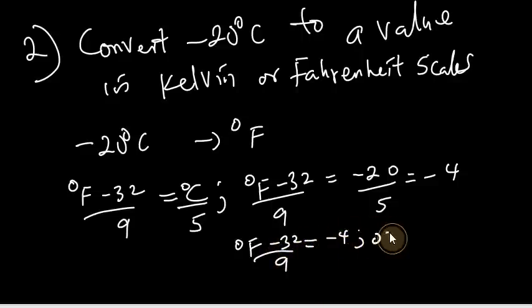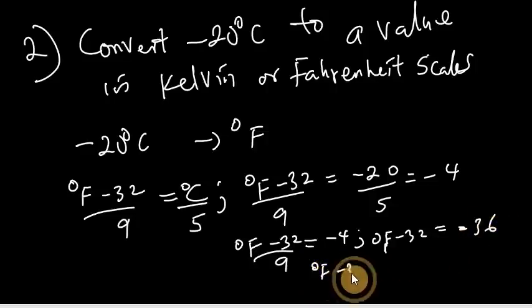So when you cross multiply, you have degree Fahrenheit minus 32 equals, when you multiply 9 by minus 4, you have minus 36. So degree Fahrenheit minus 32 equals minus 36.